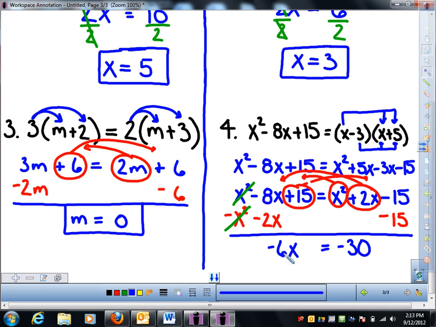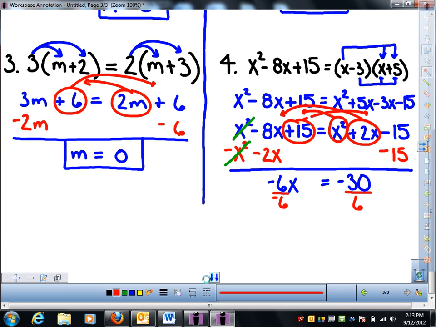We do our like terms, then multiply or divide. Again, in this case, we'll divide both by negative 6. And when I do that, I now have my answer of x equals, and a negative divided by a negative will equal a positive 5.